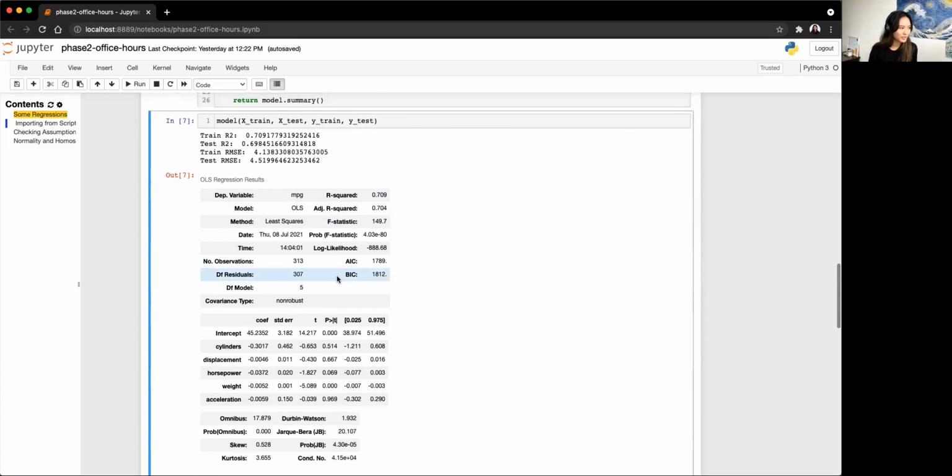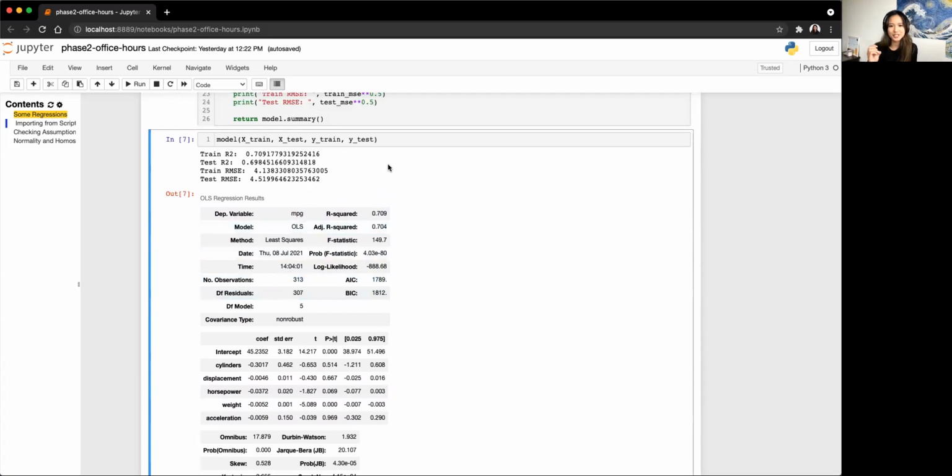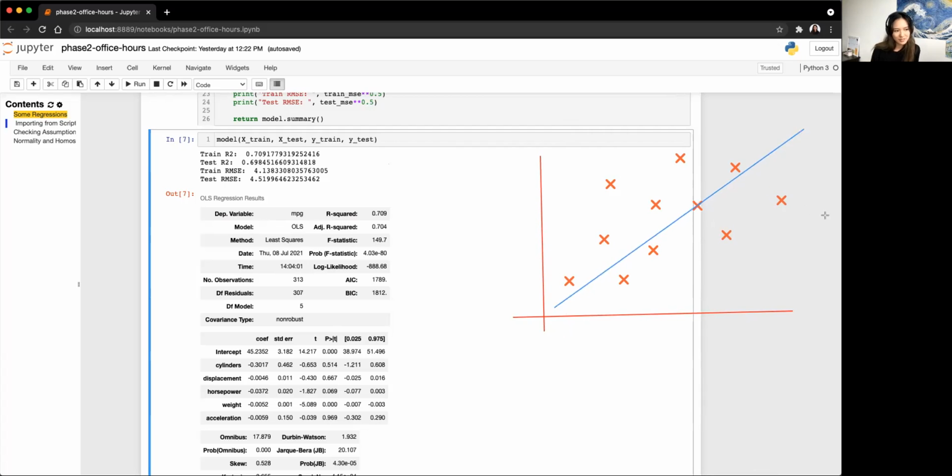R squared is literally just a measure of how well that line is fitting your data points. If you remember, it is the ratio of the distance between the points and the line versus a really, really bad model. So if I quickly annotate over here, let's just say I have a bunch of points, and this is our regression line.